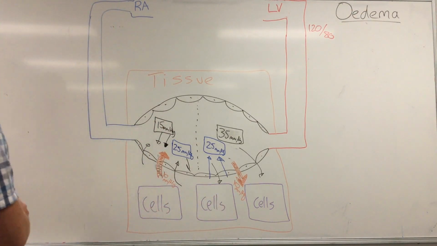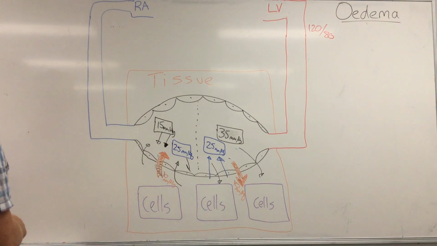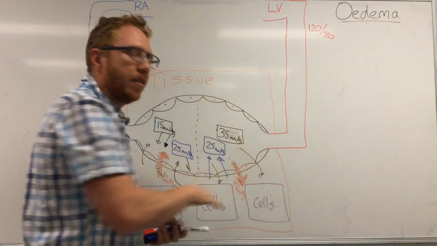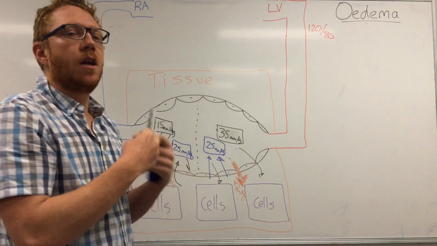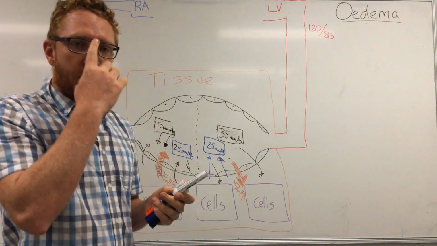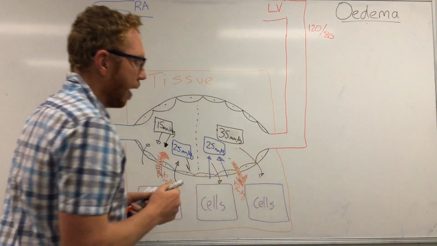Now I'll draw it with blue. With the fluid coming out, as I said, most of it is just plasma with water and electrolytes, but there are also going to be some plasma proteins that will escape out.